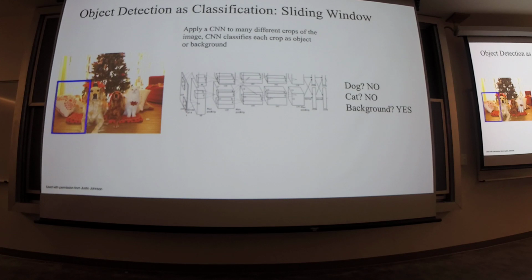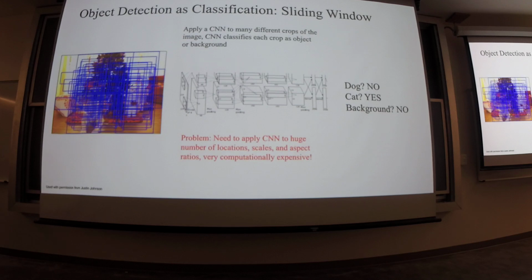Is there a dog in here? Is there a cat? There's also an empty class, like the background. If yes, you say, okay, great. And I slide over by a pixel or a couple of pixels, and I do it again, and again. This time I slide it over here, and it's like, hey, look, there's actually a dog in there. But there's no cat in there, and there's no background. Great. And so forth. What's the problem with this? Many windows. That's right.